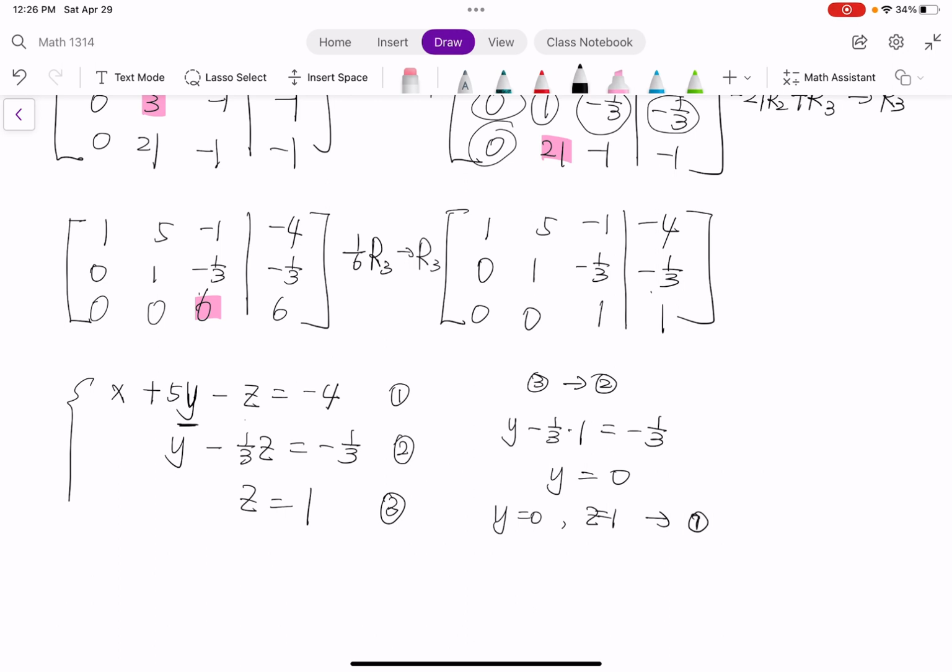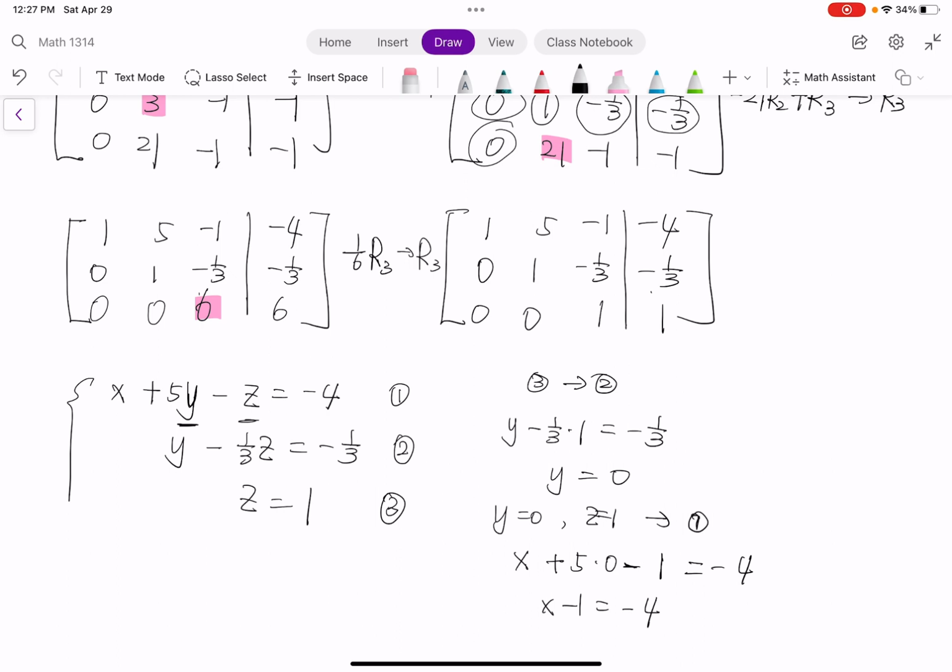Because we know the y, we know the z, we can solve for the x. X plus 5 times y, 5 times 0, minus z, that means minus 1, equals negative 4. Then x minus 1 equals negative 4.